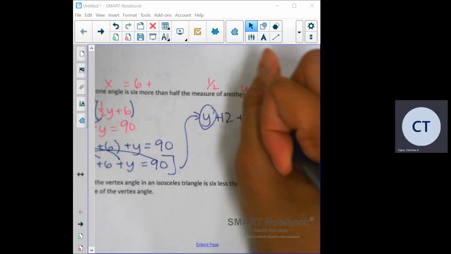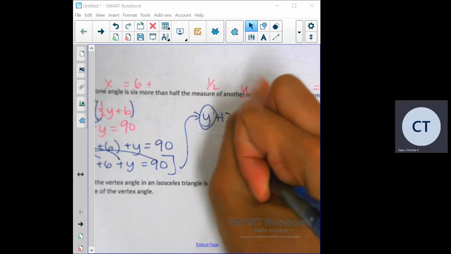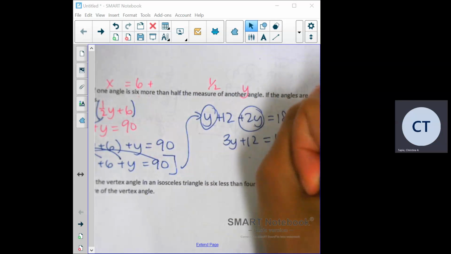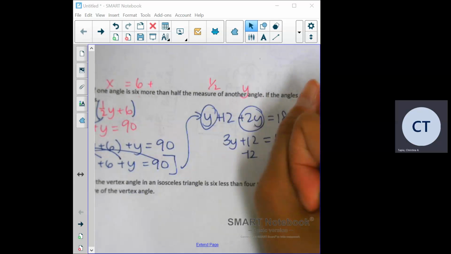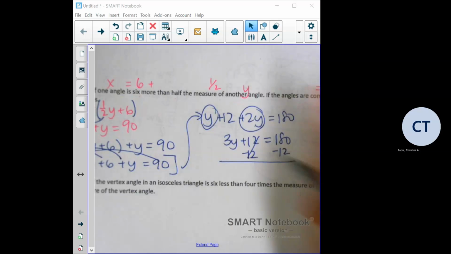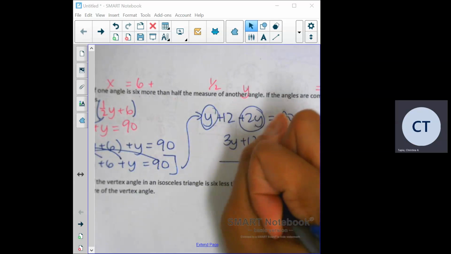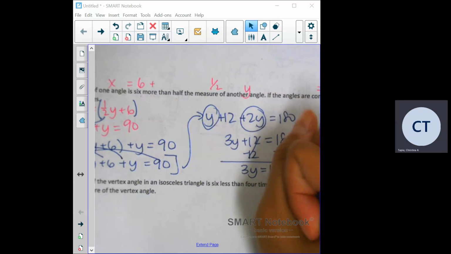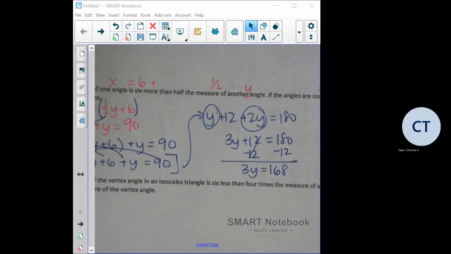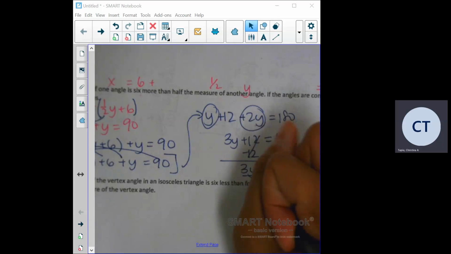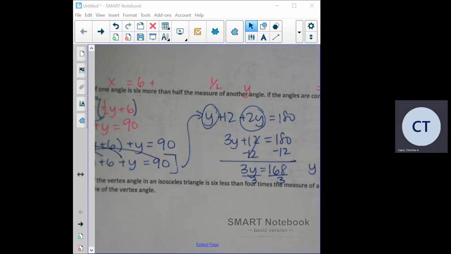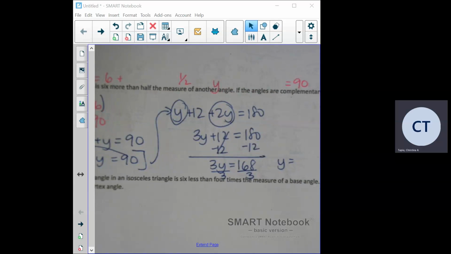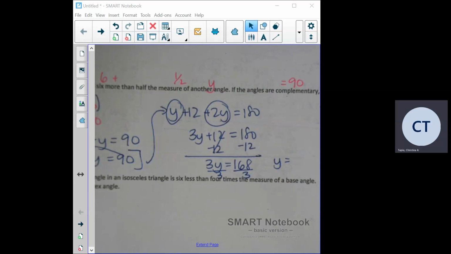You don't need me for this. So we're going to have 3Y plus 12 equals 180. I'm going to subtract 12 on each side. 3Y is going to equal 168. And then I'll divide both sides by 3. I'm not telling you what Y is going to equal. You tell me. Don't yell it out, just write it down. Divide 168 by 3.